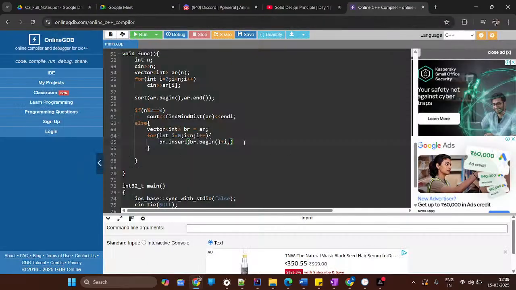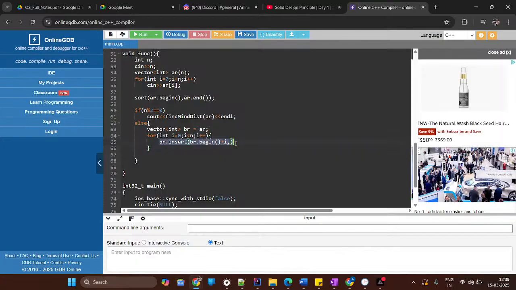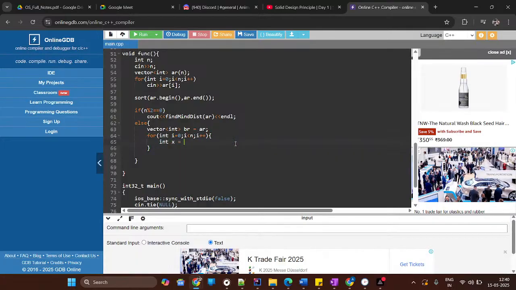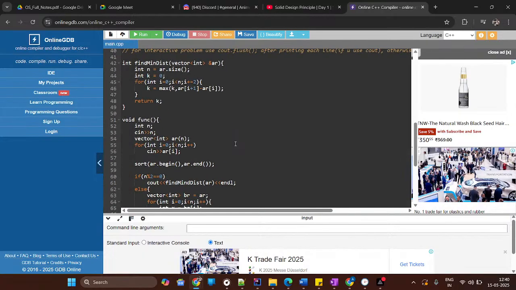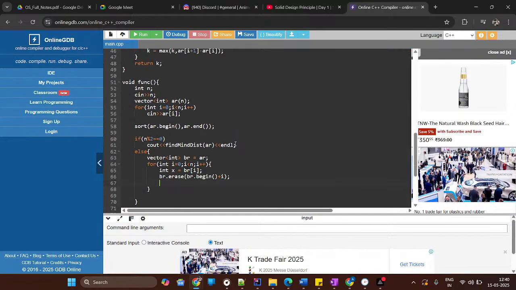Let's take the number before it, begin plus i, and we erase this and then we check by finding this.